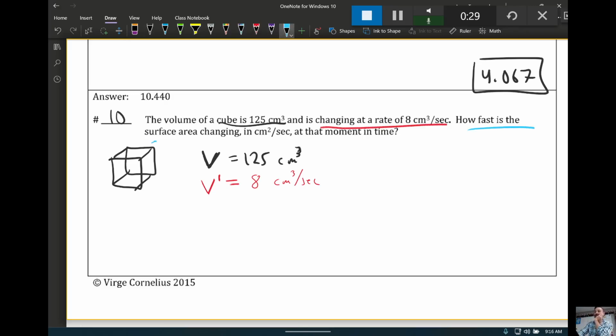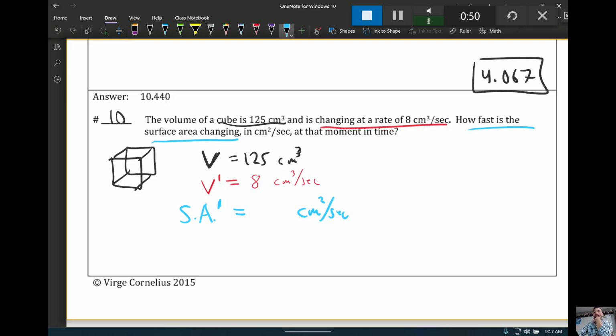How fast is the surface area changing? So I don't want to know what the surface area equals. I want to know how the surface area is changing. So the derivative of surface area in centimeters squared per second. Area always has squared units. Volume always has cubic units. So all that seems fine right now.